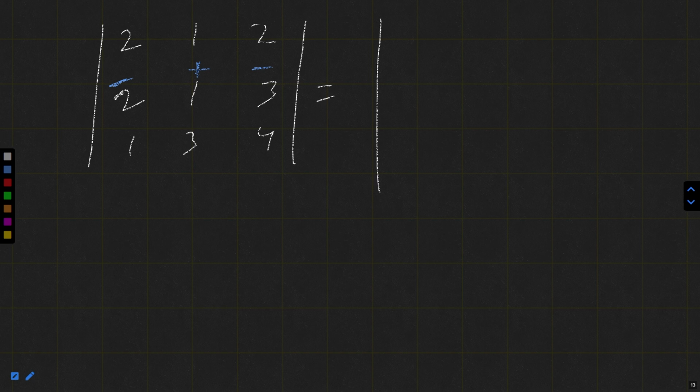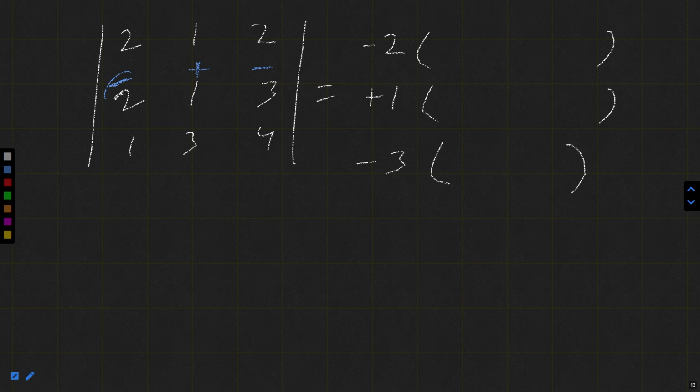So first of all, write these, so minus 2 plus 1 and minus 3. The same pattern will now follow. So we will choose this minus 2, as you can see, minus 2, and leave this column and this row. So you are only left with what entries? You are left with these entries.